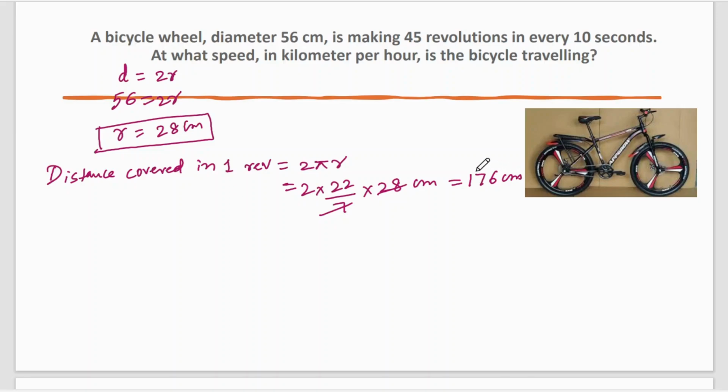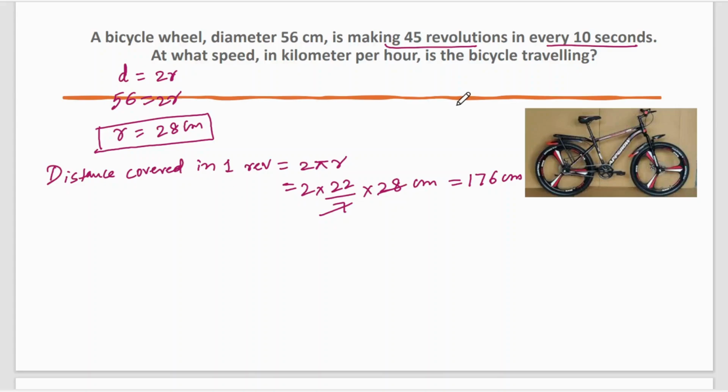The question says it is making 45 revolutions. That means this time the number of revolutions has been given, but they are made every 10 seconds. That means you can say that in 1 second it is traveling 4.5 revolutions.